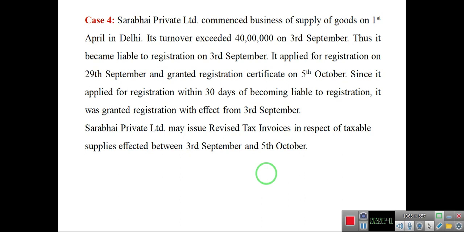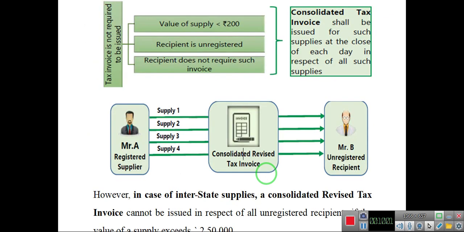Since it applied for registration within 30 days of becoming liable to registration, in this case Sarabhai Limited may issue revised tax invoices in respect of taxable supply effected between 3rd September and 5th October.